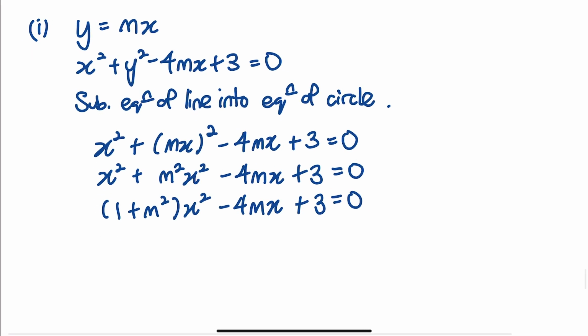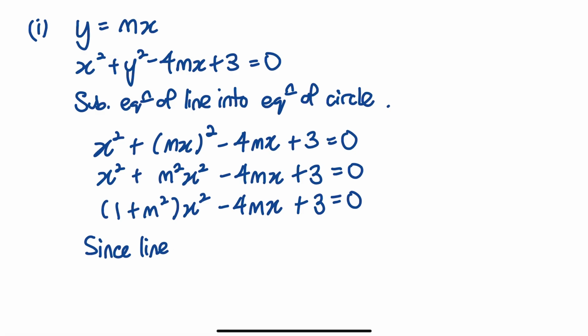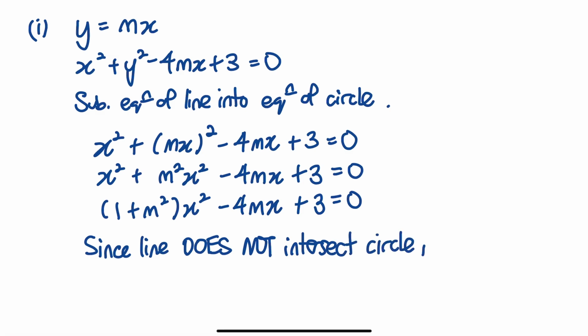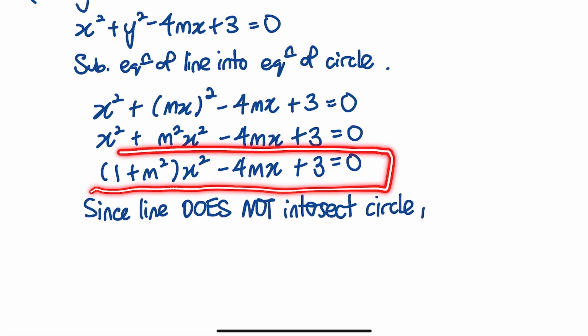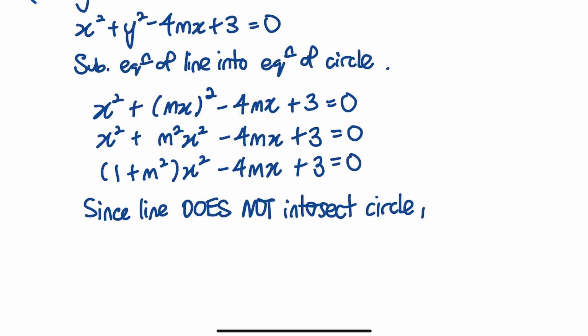So therefore, from here, since the line does not intersect the circle, this means that for this quadratic equation here, there are no solutions, and therefore the discriminant of this quadratic equation should be less than 0.